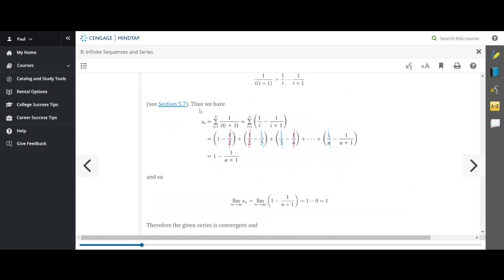If I can get it. I'm just trying to make it a little bigger for you. I don't know why it's not working.